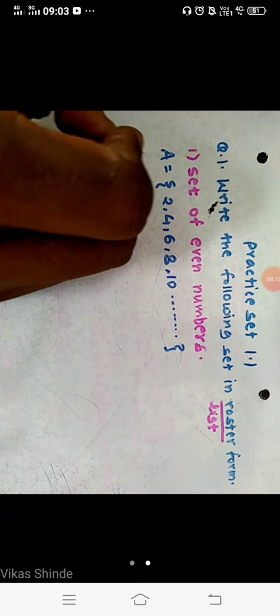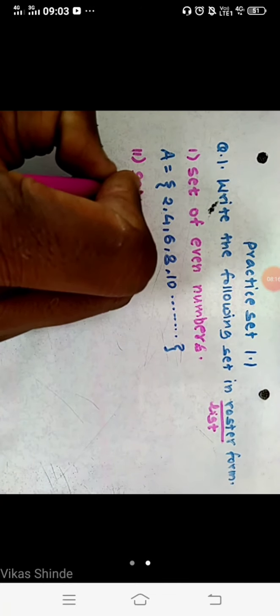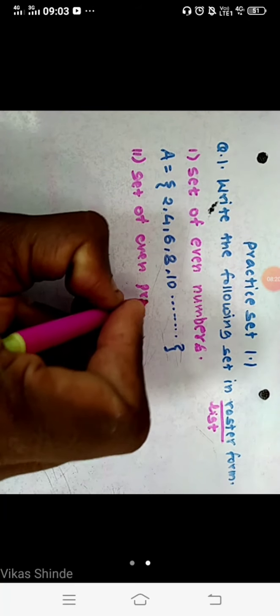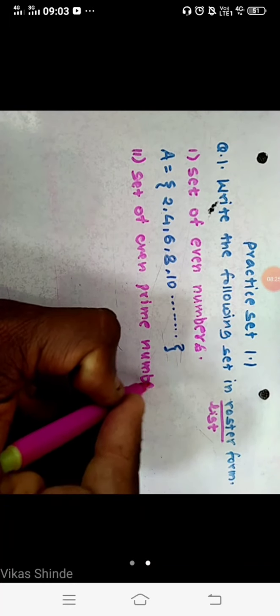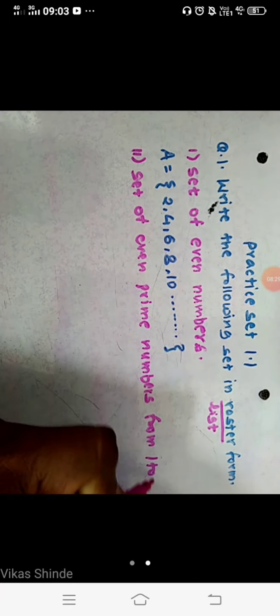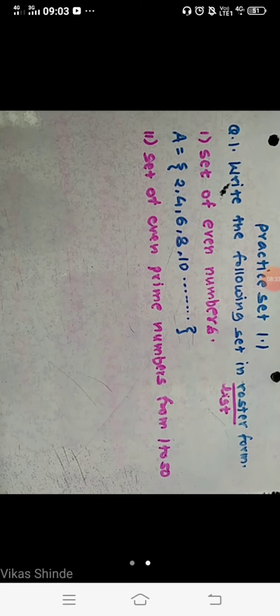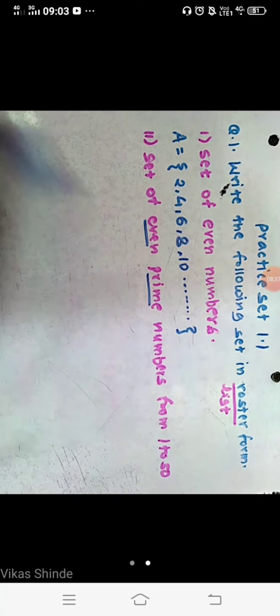Now the second question here, set of even prime numbers from 1 to 50. If we look here at the given condition, we have a double condition. The number should be even and should be prime.